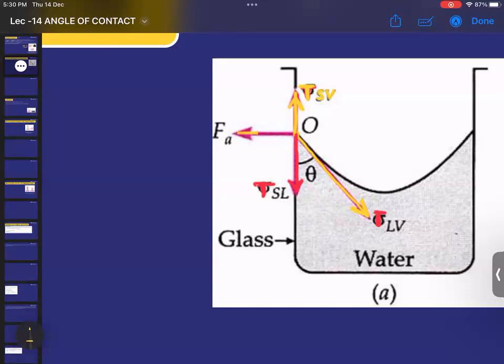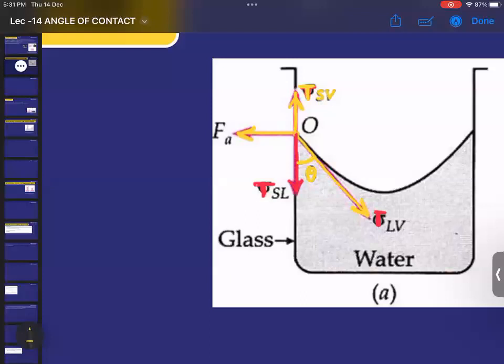And the last force that we will take into consideration is FA, which is called the adhesive force. Now, obviously, the angle between TLV and TSV is what is called theta, and that is what is called the angle of contact.